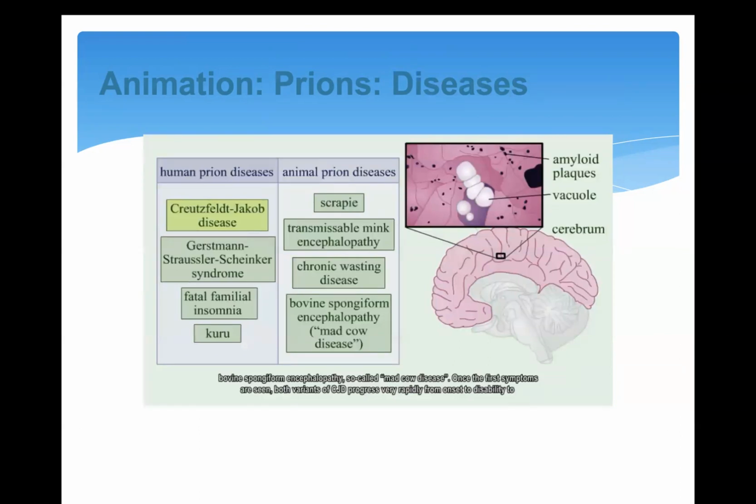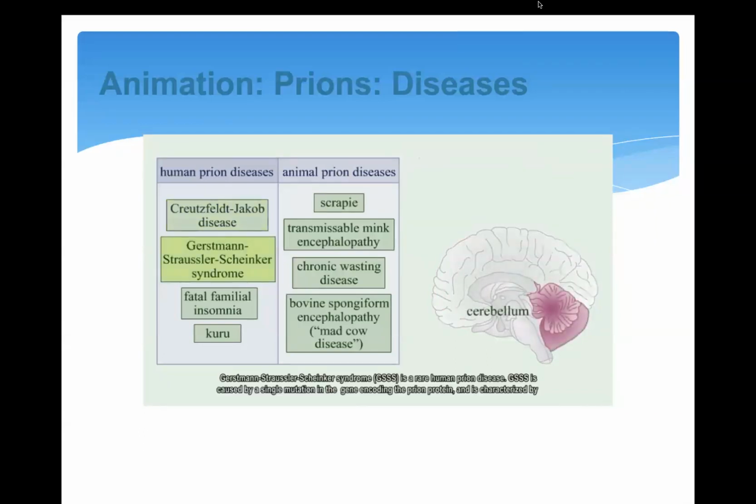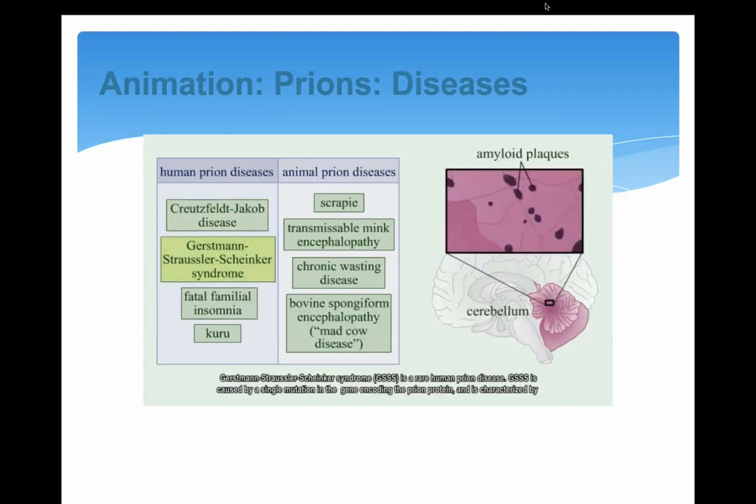Once the first symptoms are seen, both variants of CJD progress very rapidly from onset to disability to death. CJD affects the cerebrum, where it causes holes called vacuoles and amyloid plaques, clusters of prion proteins and infected cells. Gerstmann-Straussler-Scheinker syndrome, GSS, is a rare human prion disease. GSS is caused by a single mutation in the gene encoding the prion protein.